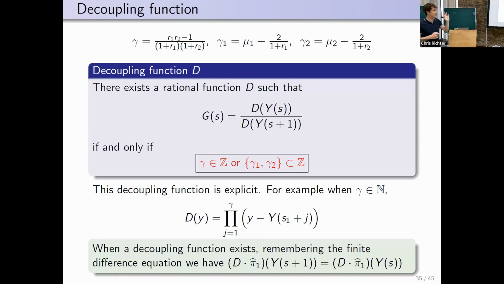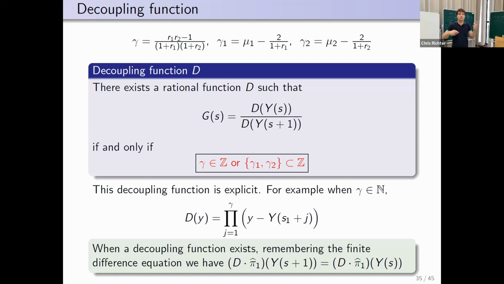And in fact, it is here that the new parameters gamma appear, the parameter which is the equivalent of the alpha in the non-degenerate case, because a simple computation shows that this decoupling function exists if and only if these parameters are integers. And it's just simple calculus. You can do it on one page.